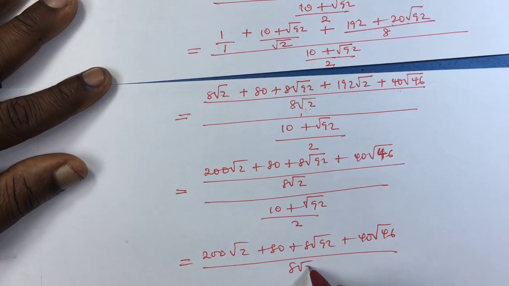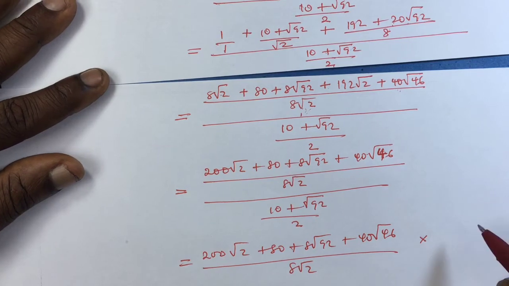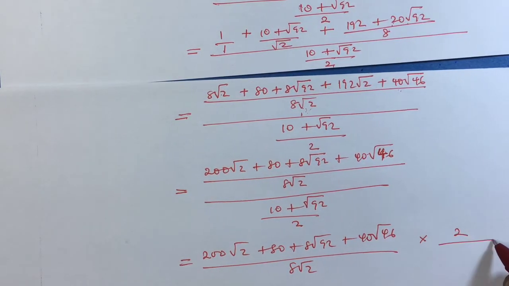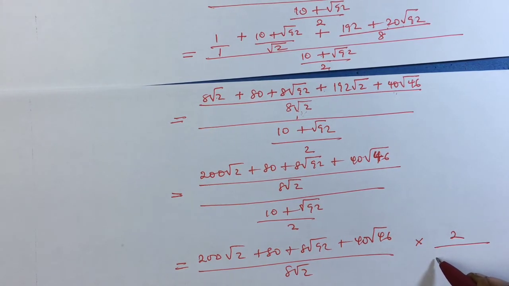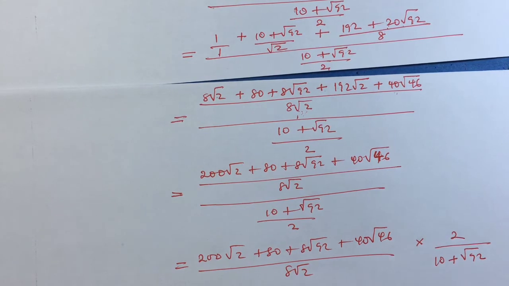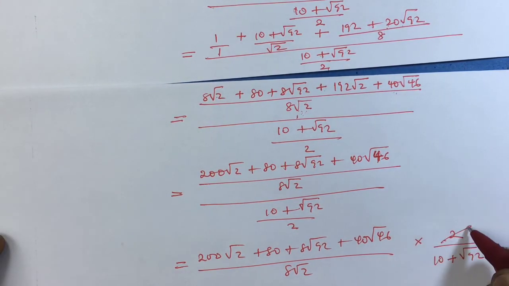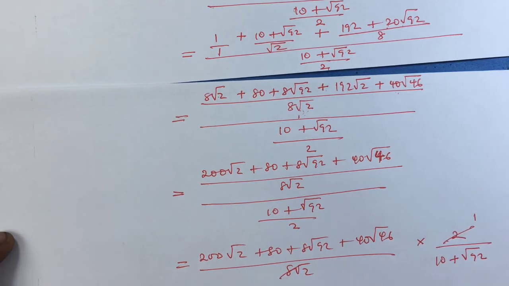over 8 root 2 times 2 all over, I could write this as 10 plus root 92, okay? So that can be done. Now 2 can actually cancel, 2 into 8, 4.